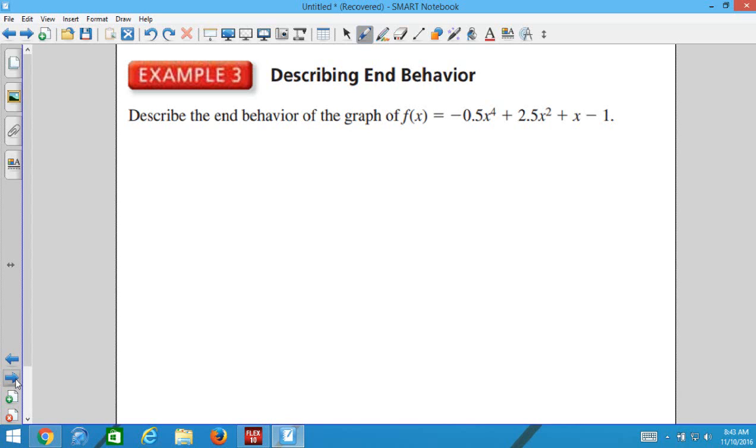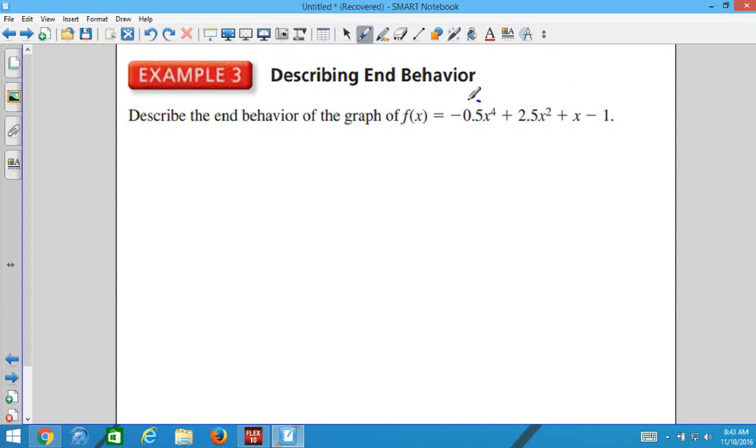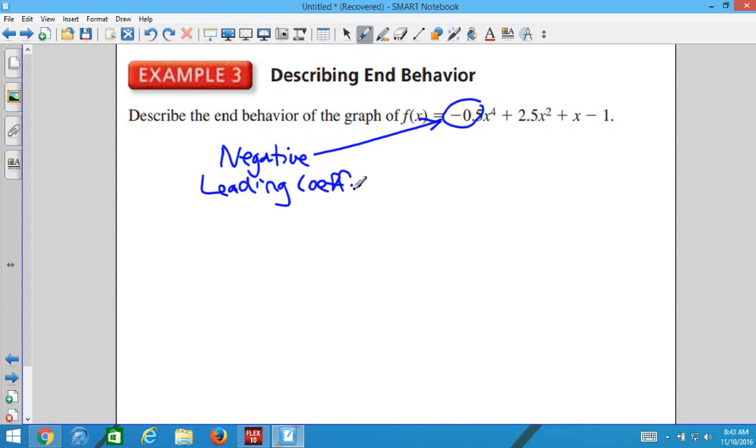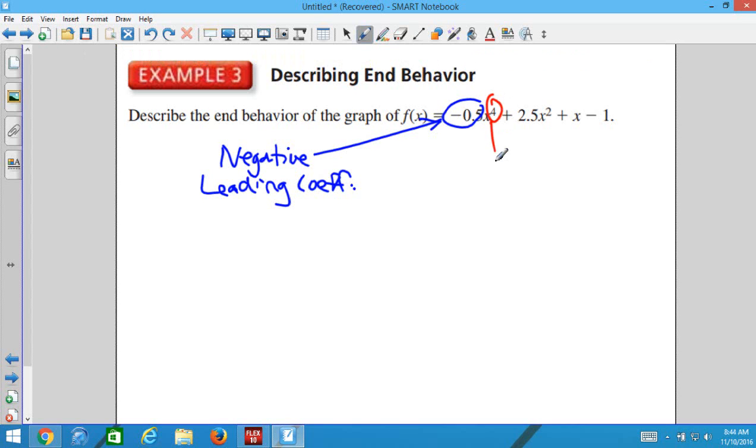So here's an example. Describe the end behavior of the graph of f of x equals negative 0.5 x to the fourth. So the negative leading coefficient and then the degree are the pieces of information that you need to write down so that you can answer this question.